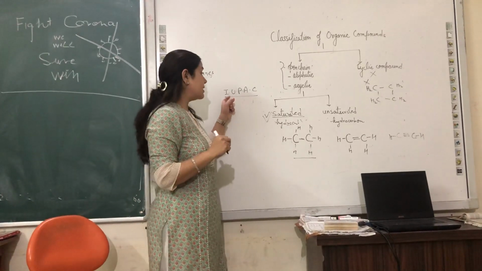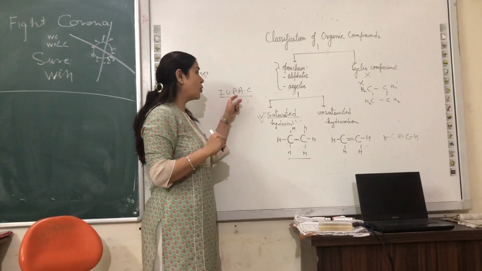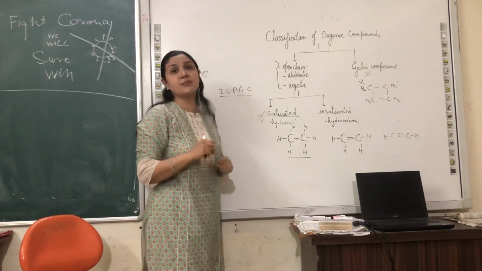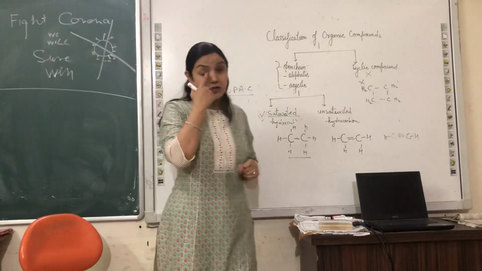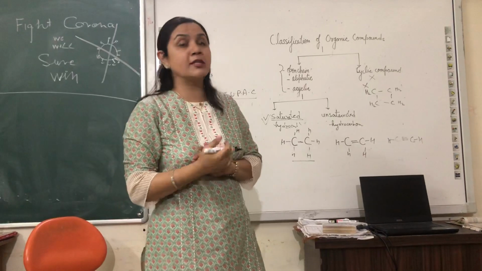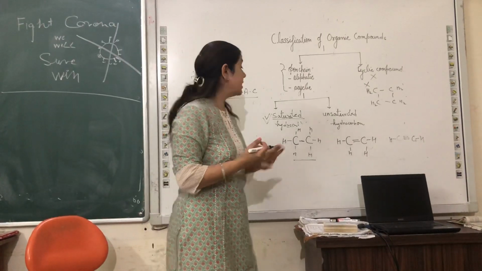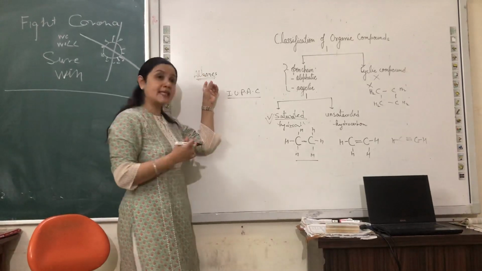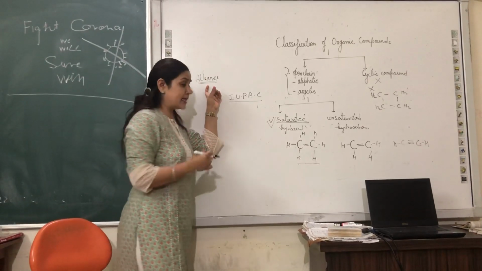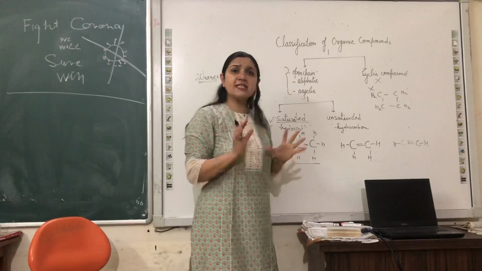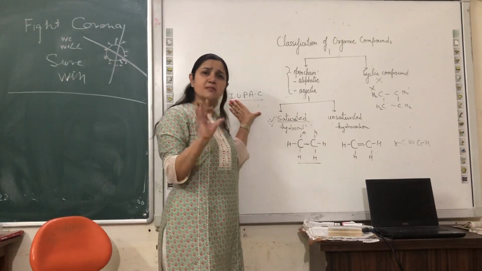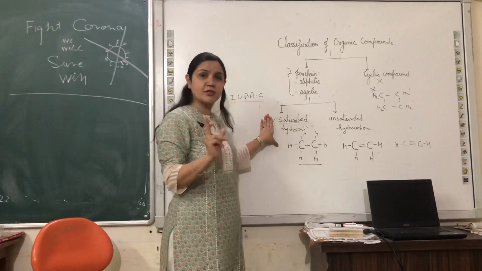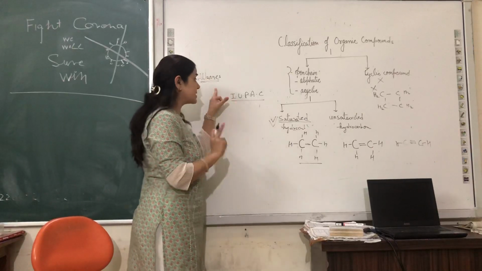International Union of Pure and Applied Chemistry. So in IUPAC, the other name of saturated hydrocarbons is alkanes. These are fixed names, so you will have to just memorize them. The other name of saturated hydrocarbons is alkanes.